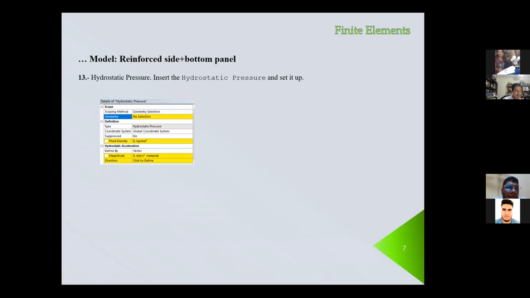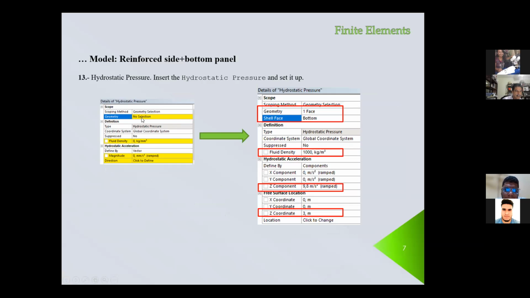So then you can insert the pressure. In this case, it is hydrostatic pressure. You have to select the geometry, and then specify the density of the fluid, and then the acceleration component, the Z direction, and then specify the draft.